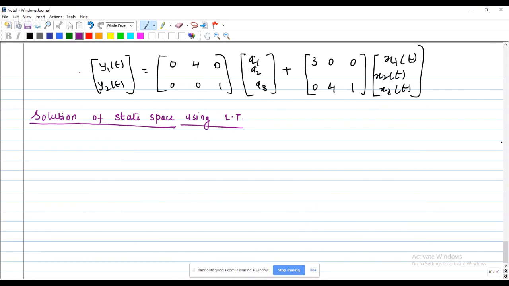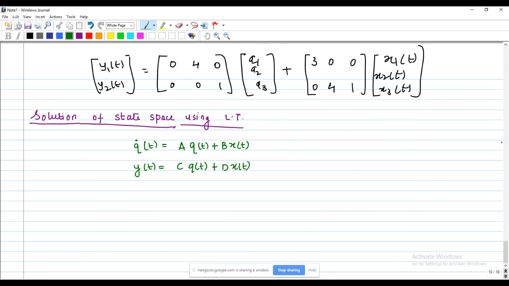Now we know that our equations are given as q dot t is equal to A q of t plus B x of t, and y of t is equal to C q of t plus D x of t.